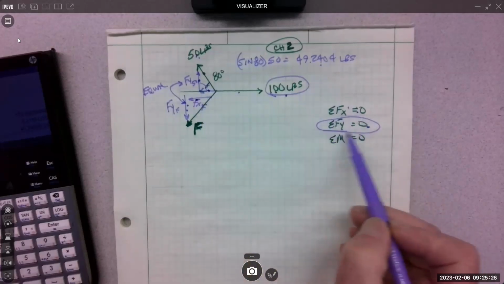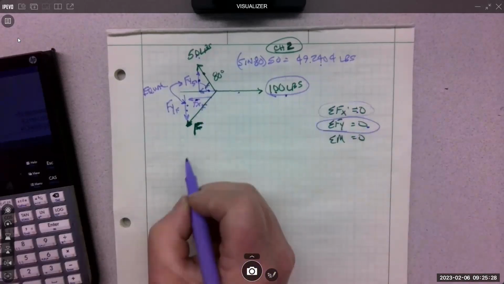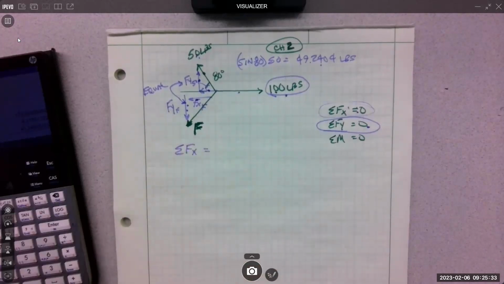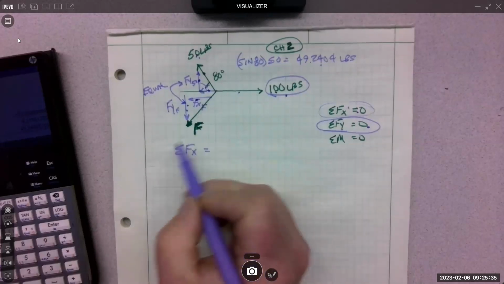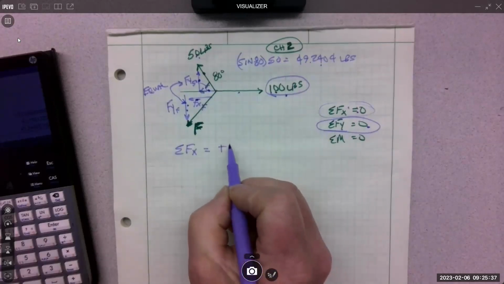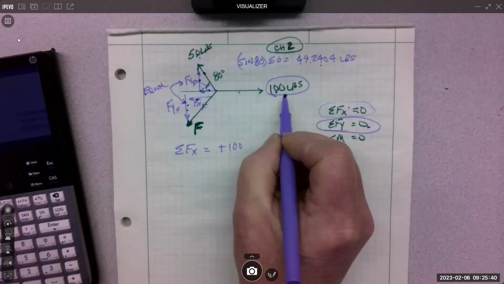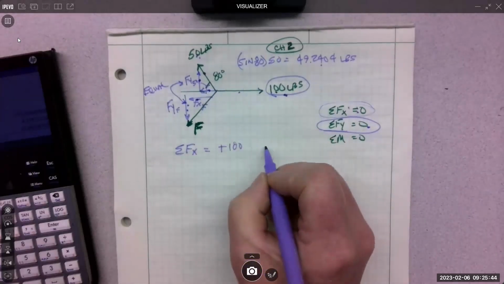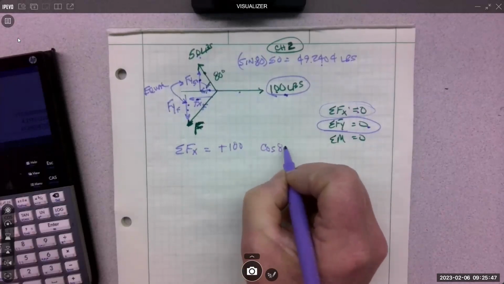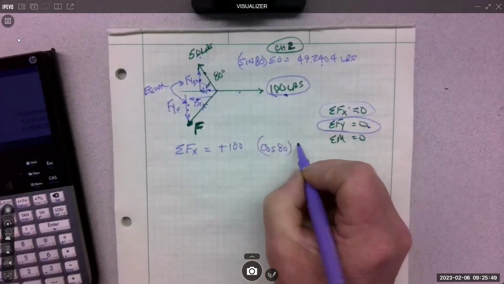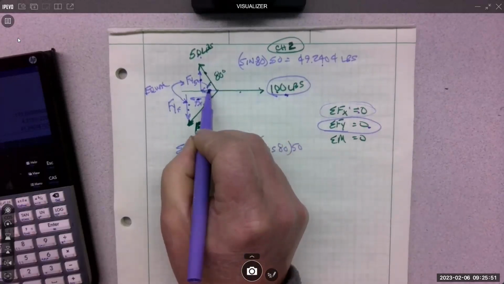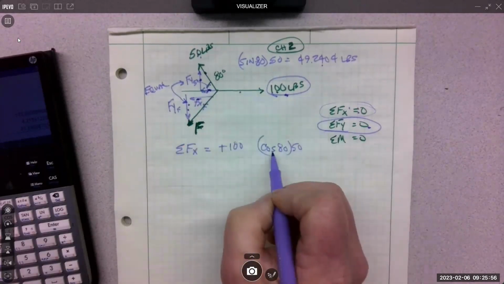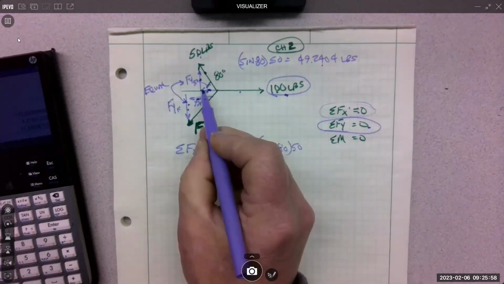So essentially what we do is we sum forces in a direction, sum forces in the X, because I'm doing X's now. So that's going to be plus 100, right? And then this one, which is going to be cosine 80 times 50, that's that, right? Same way I did this, but I'm now doing it for the adjacent. So that's cosine. And which way does it point? Negative.